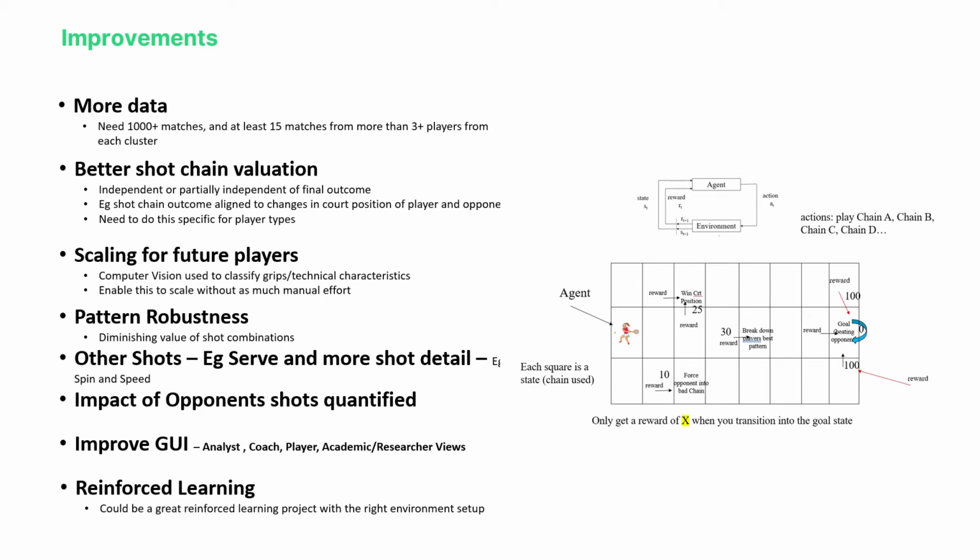You can play around with the reward function, and then get the true AI in reinforcement learning to work through this. You'll have a lot of what-if scenarios, and I think this is the way it goes forward, and you come up with even better shot combinations using reinforcement learning.